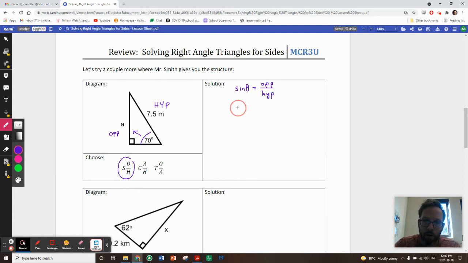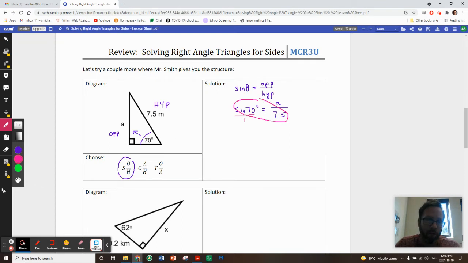And then plug in. Here the sine of 70. This time we don't know the opposite side. It's labeled with an A, and we do know the hypotenuse this time, labeled with 7.5. And now we proceed. This is how I like to think of it. Think of it as a proportion. Stick that over 1, and to get A by itself, you're just multiplying what's on the diagonal.